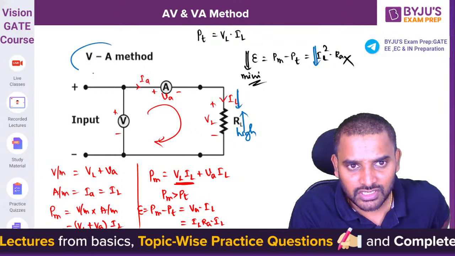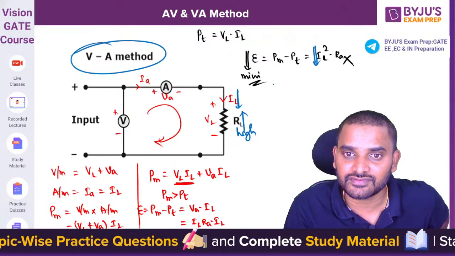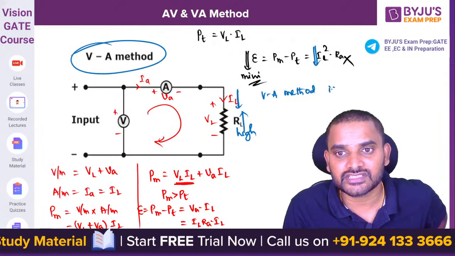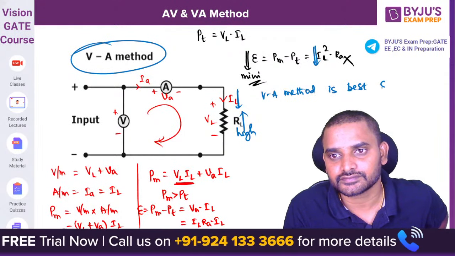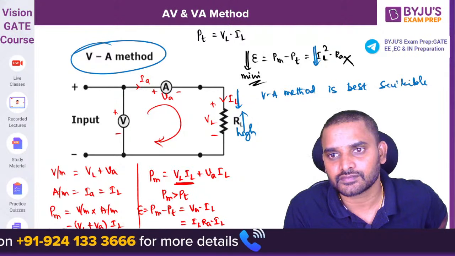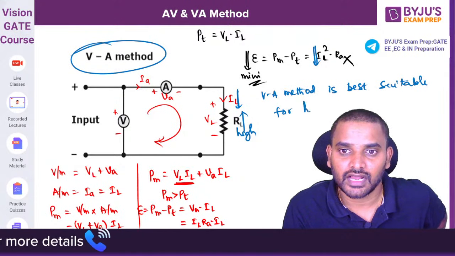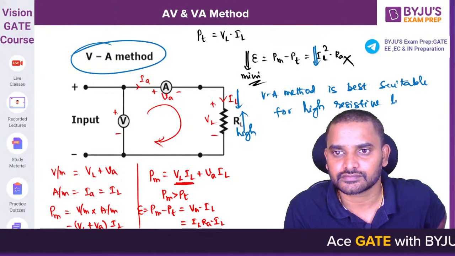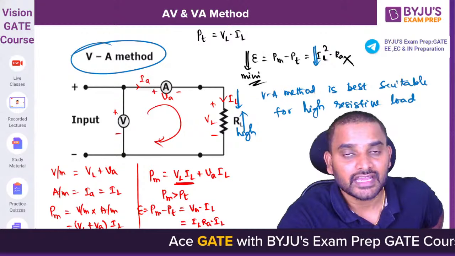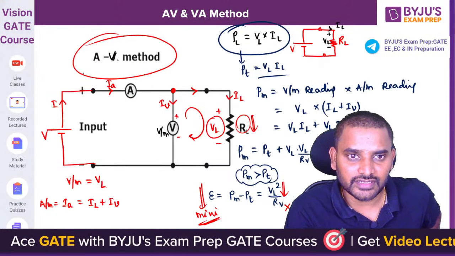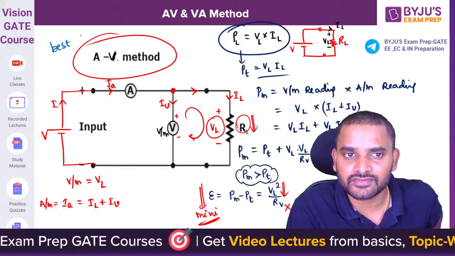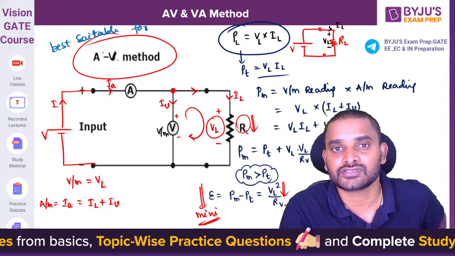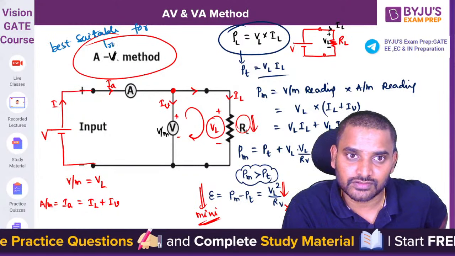So the VA method is best suited for high resistive loads. Similarly, the AV method is best suited for low resistive loads.